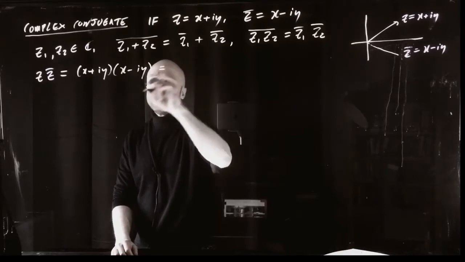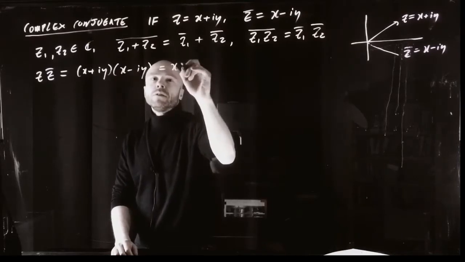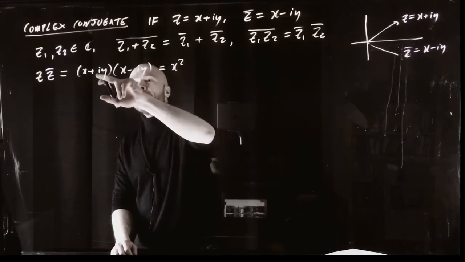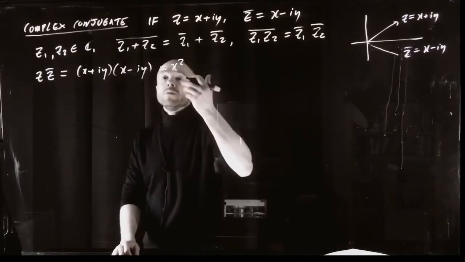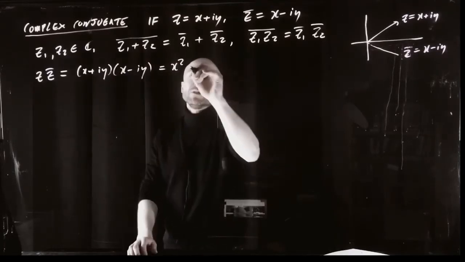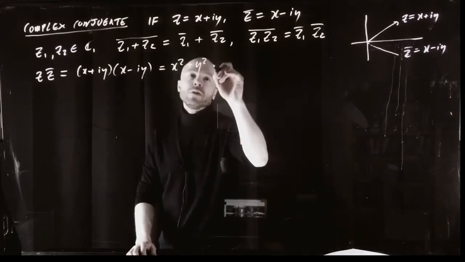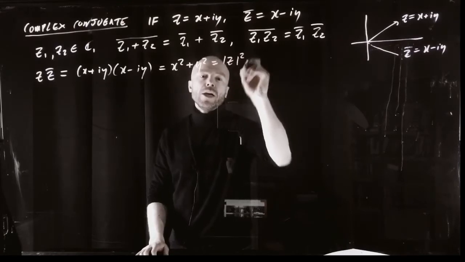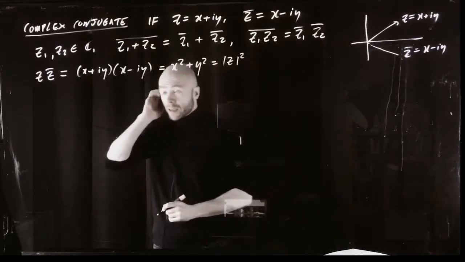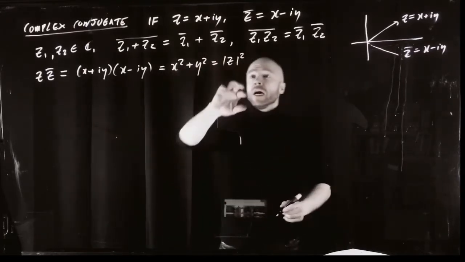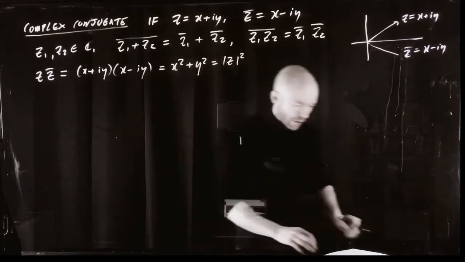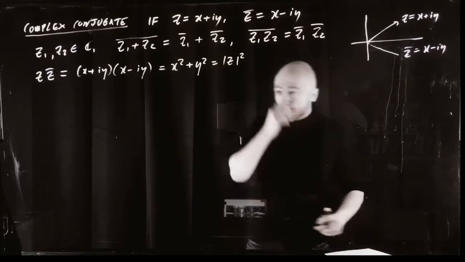So we're just going to have x squared, and then this thing will be minus i squared y squared, which would just be y squared itself, which is just the absolute value of z squared. So we can quickly come up with the absolute value of a complex number by multiplying it by its complex conjugate. That's another useful algebraic fact we will use.